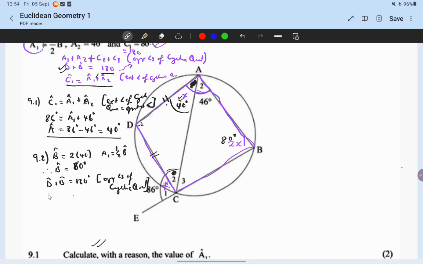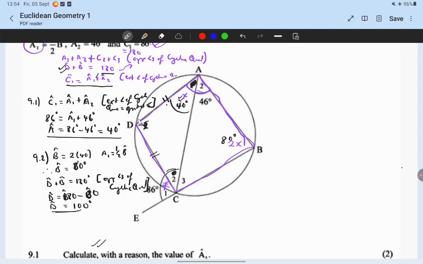It means that our angle D becomes 180 minus our angle B, which makes our D equivalent to 180 minus 80, since our B is 80. So 180 minus 80 gives us 100 degrees. So now we know the value of our D.